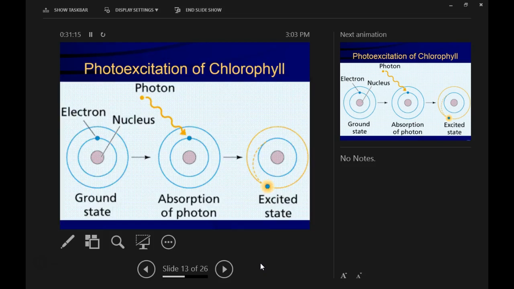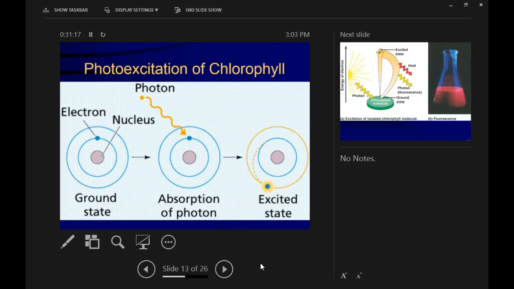So if we have, for example, a pigment, let's say it's chlorophyll A, and we shine a wavelength of light, let's say about 425 nanometers, a photon at 425 nanometers, what happens is that wavelength is just the right size to stimulate that electron to move to a higher energy level.